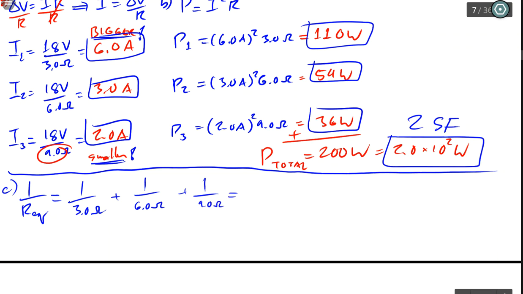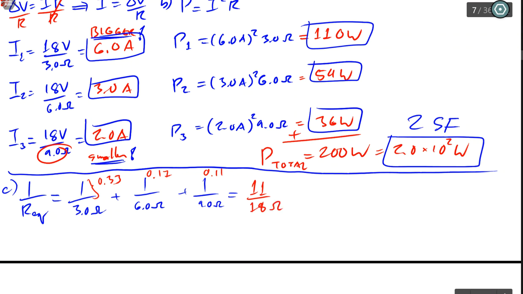Now if you add all of these together using the LCD, or you can just turn this to 0.33, and this is 0.17, and 1 divided by 9 is 0.11. You'll actually get 11 over 18.